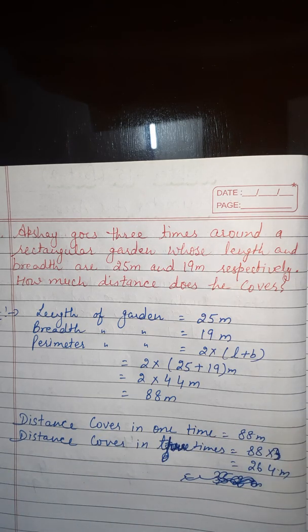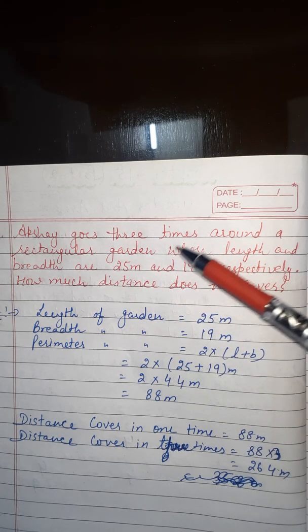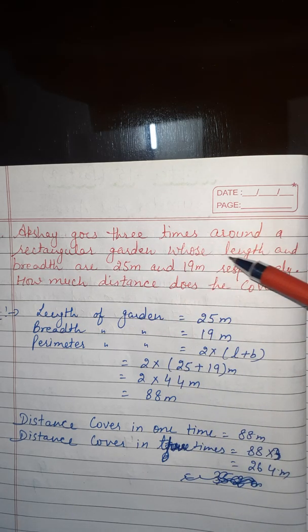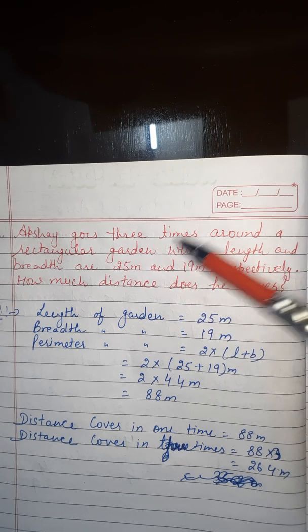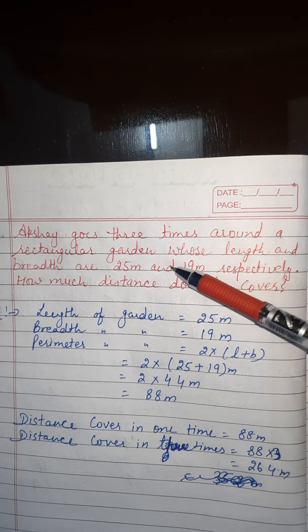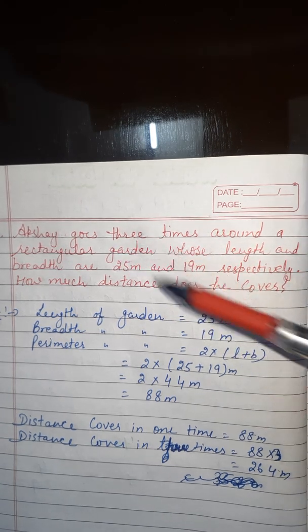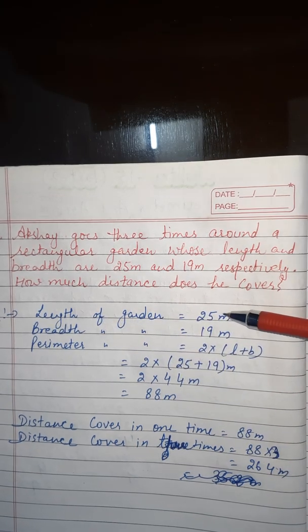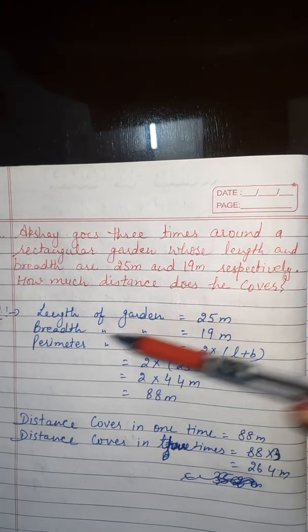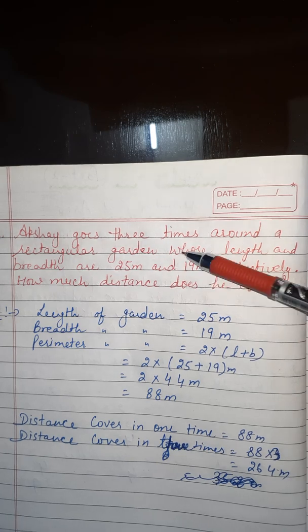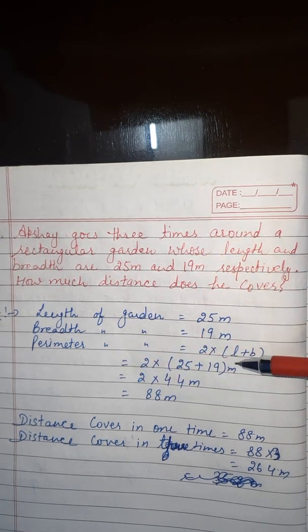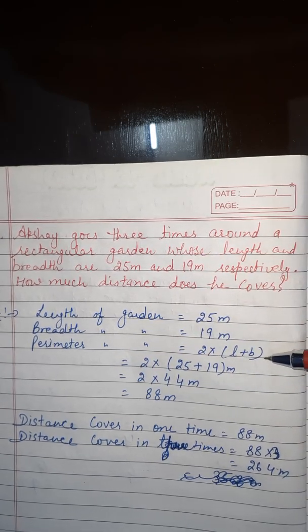So in this case also we have to find the perimeter, because Akshay is going 3 times around the rectangular garden. So we will multiply the length of the boundary of the garden by 3. The length of the garden is 25 meter and the breadth is 19 meter. Now the perimeter will be 2 into (L plus B).